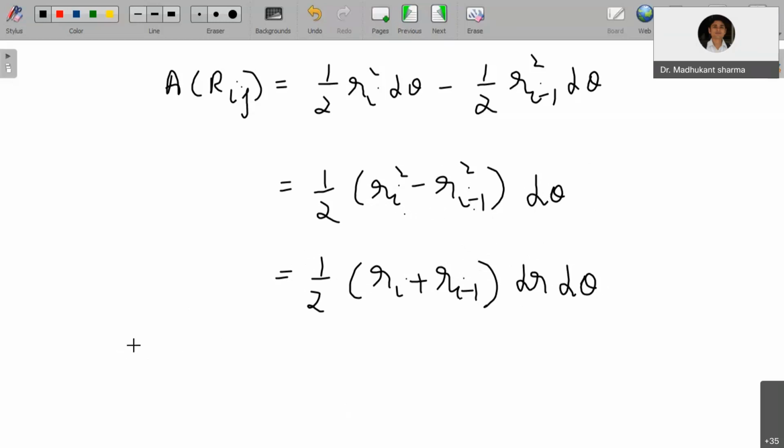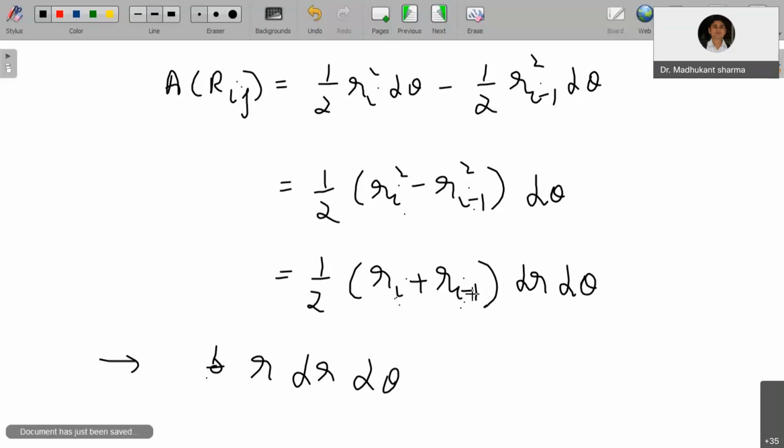Now, as i and j tend to infinity, this tends to r times dr d theta. Why? Because if you increase the number of partitions, ri and ri minus 1 get closer to each other and ri is almost equal to ri minus 1, which we denote by r only. So 2r will come, and the 2 gets cancelled.